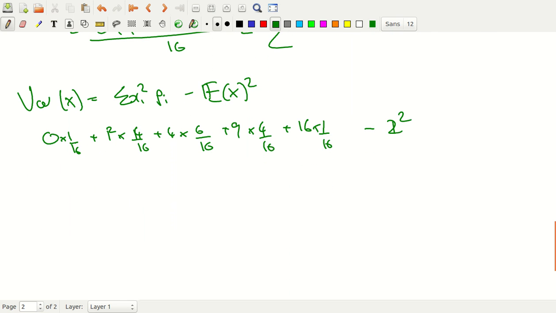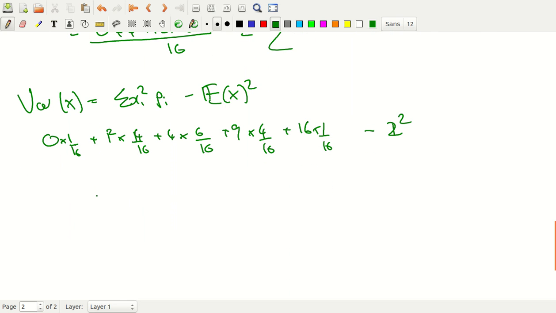Again, try not to forget to subtract that. So all over 16 we have 0 plus 4 plus 24 plus 36 plus 16, all over 16, minus 4.